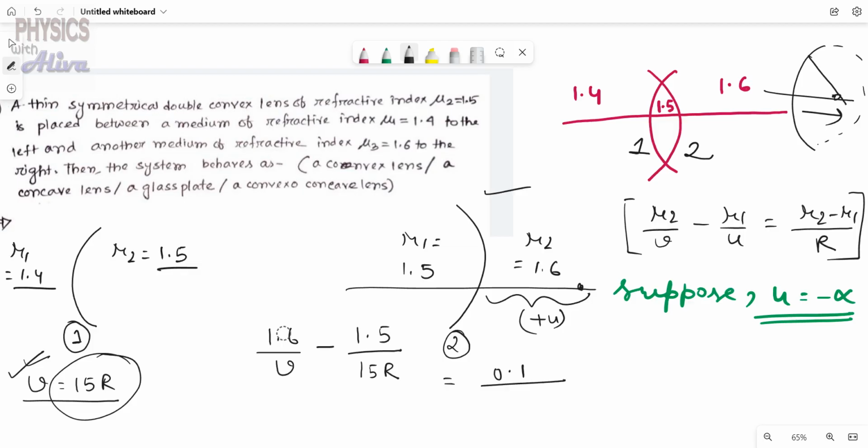Here the radius: suppose we complete the circle like this, the radius will be like this, opposite to the incident ray. So this should be minus r.